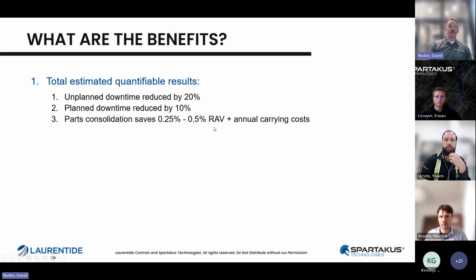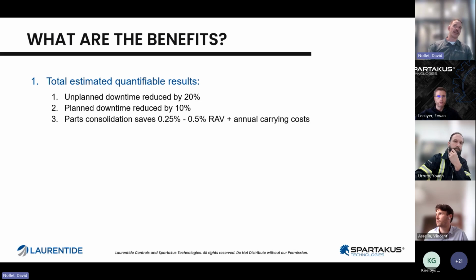Doing an in-depth duplicate check, and this is something that's going to be particularly true for a greenfield project, which is what we're going to see in a couple more clicks here, but doing a careful duplicate check of all the parts that I'm potentially going to buy, to make sure that I'm not buying the same parts twice, is probably going to save me anywhere between 1/4 and 0.5% of my replacement asset value.